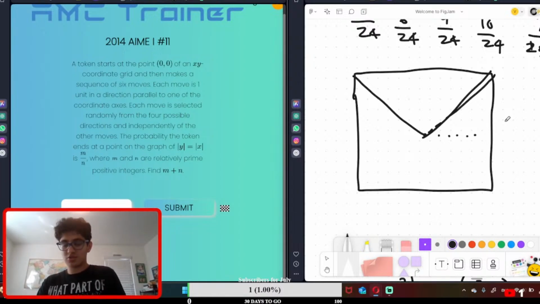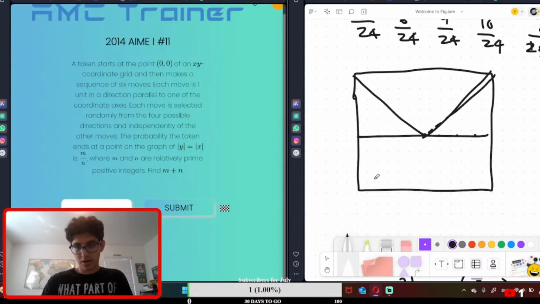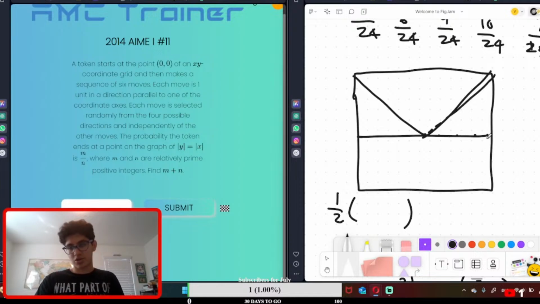You can waste 2 moves, but you can't waste one move. So that's not possible. One thing we can do is do 1/2 times whatever the probability is, and calculate it for this quadrant. But we also might have to consider the lines themselves.